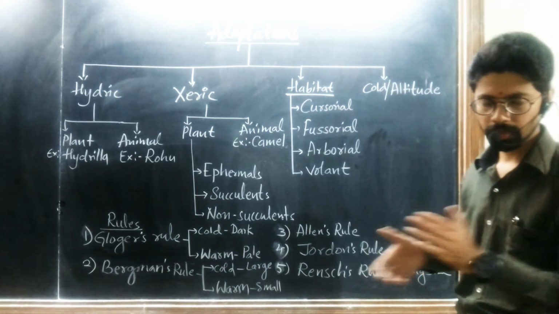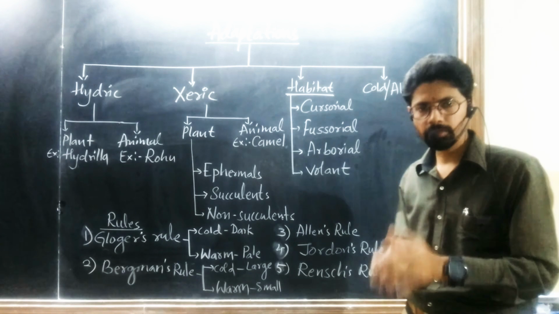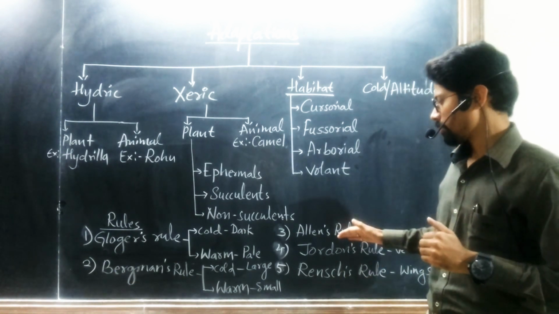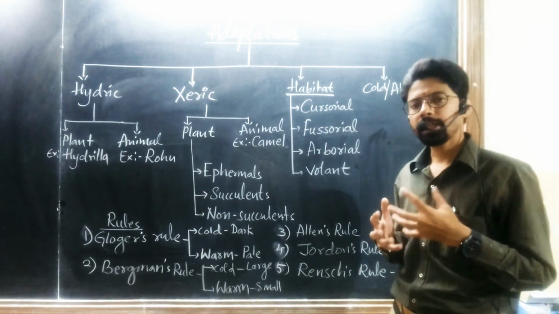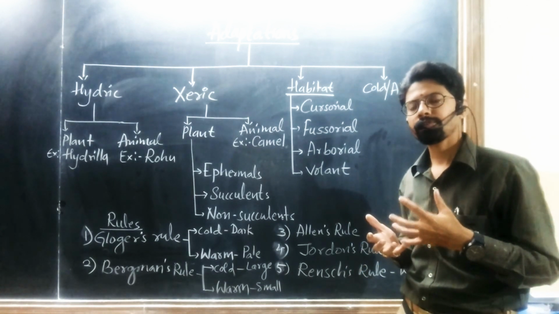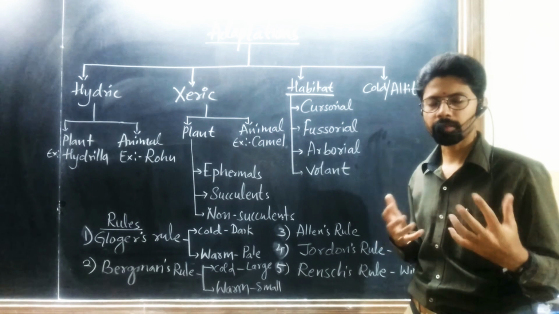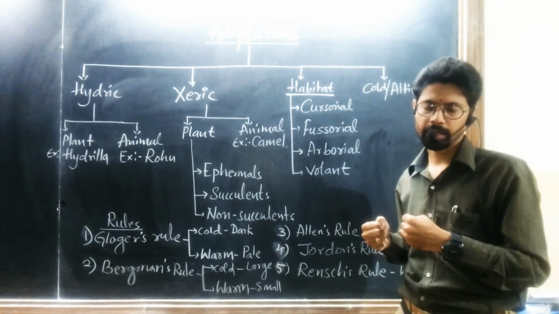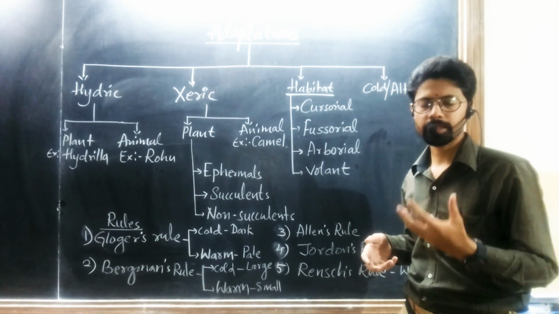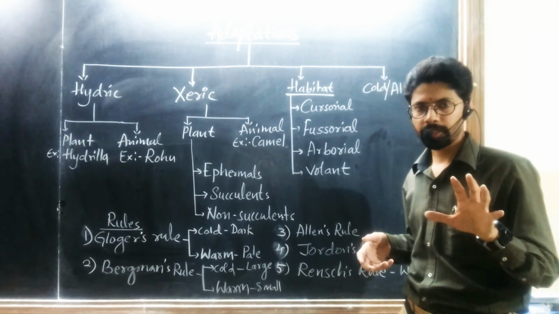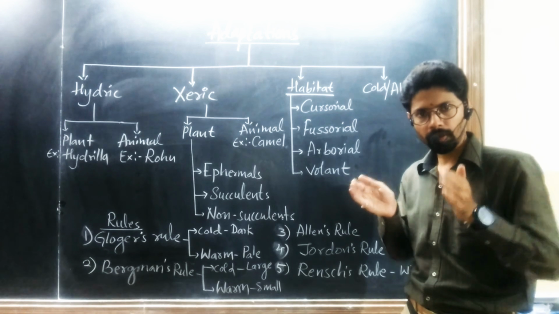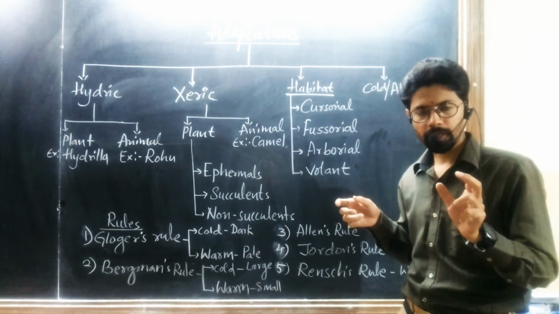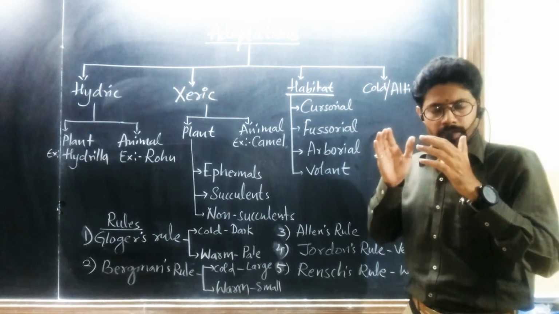Allen's rule, we all know about Allen's rule very clearly. It is also about the same cold and warm habitats. The extremities of the body are said to be smaller in colder habitats compared to the same members of the family in warmer habitats. Example, you can take fox. Polar fox, if you see, has a white colored body, small compact body, smaller legs, smaller tail, smaller snout, smaller ears.